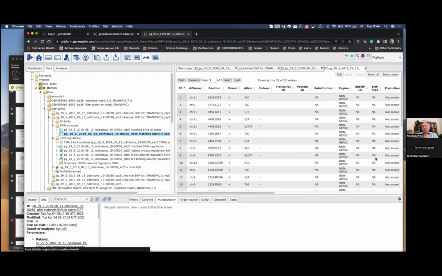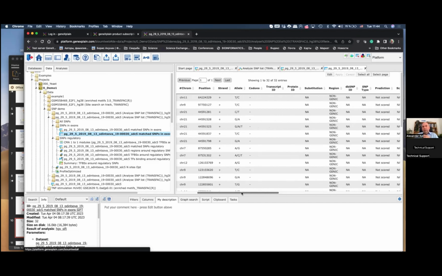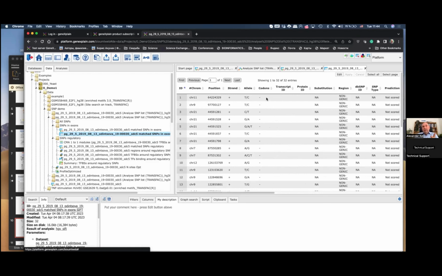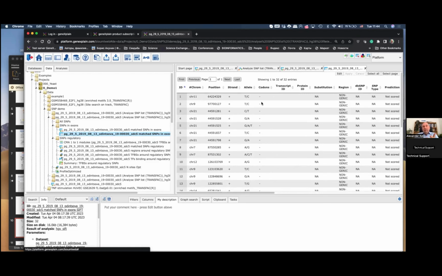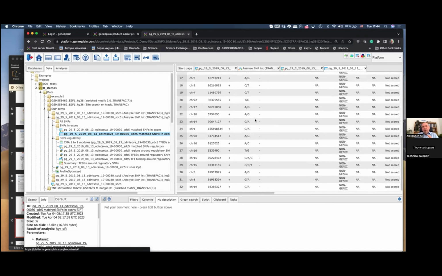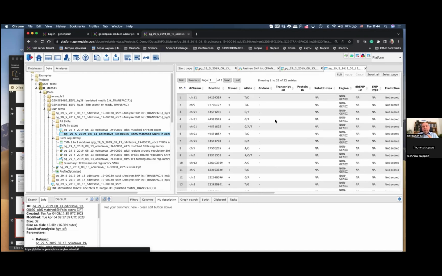So you can see the prediction of the importance on the protein. In this case, as you can see, although all these SNPs are hitting the exons, they are not changing the codons. So I don't see anyone which would change any codon. Basically, it means in all of those cases, these are exons which are not coding for the proteins, so non-coding exons. Okay, that's good to know.